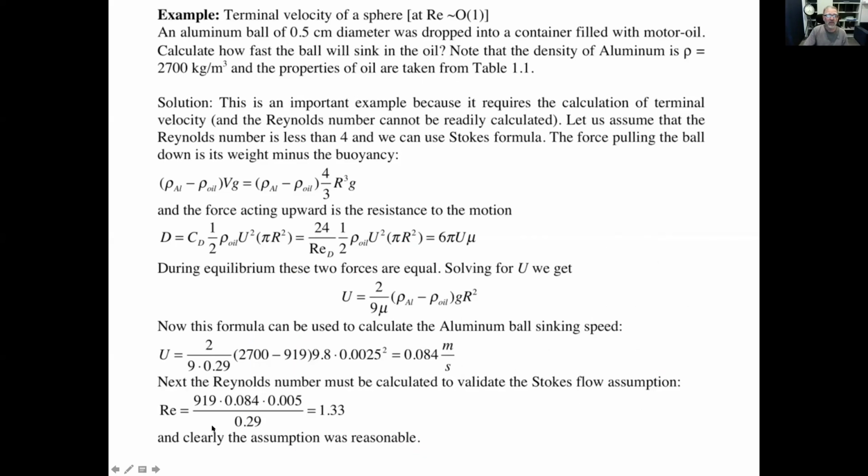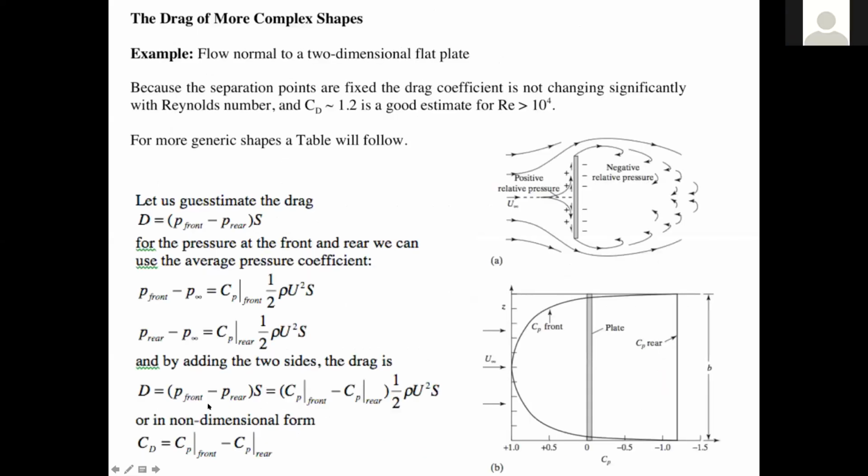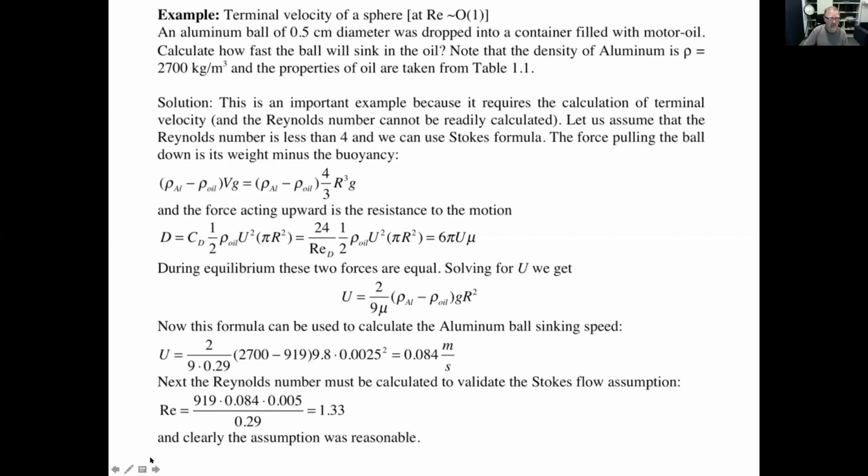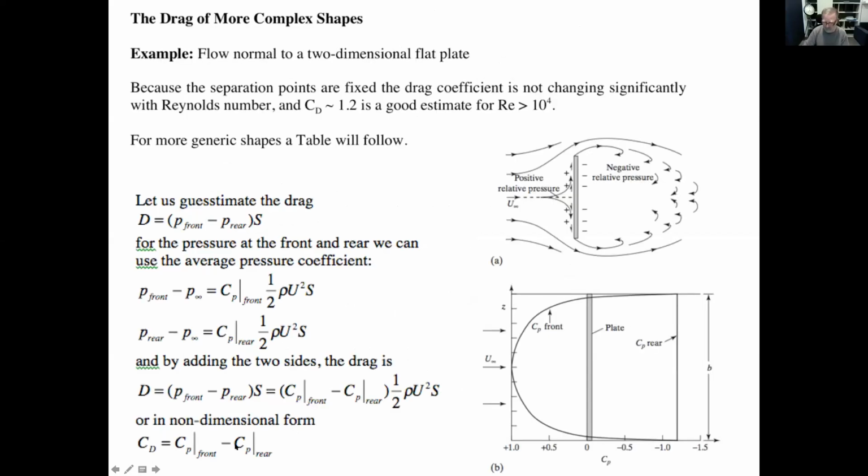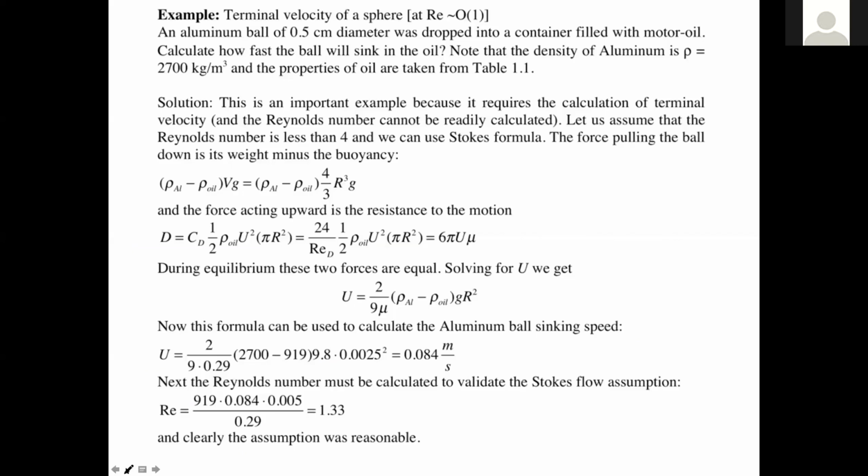So, aluminum ball. Okay, we have an aluminum ball, 0.5 diameter. So we have some liquid, and we're dropping a little ball here. And then we want to find out how fast it's going down.